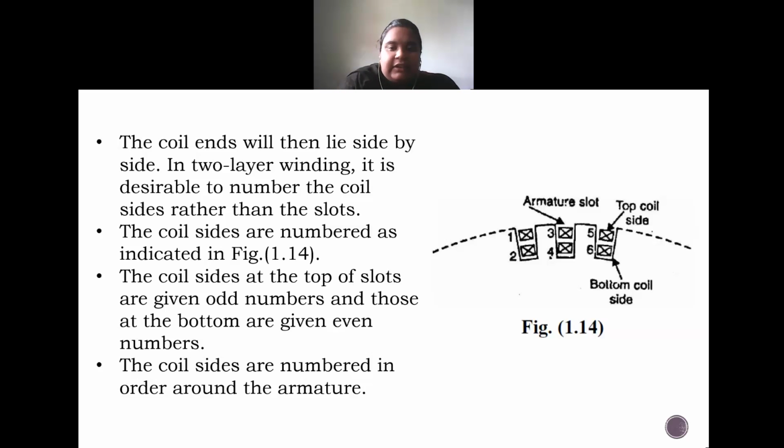The coil sides at the top of the slots are given odd numbers, and those at the bottom are given even numbers. This is a very important rule. We need to definitely remember this: top odd numbers, bottom even numbers.